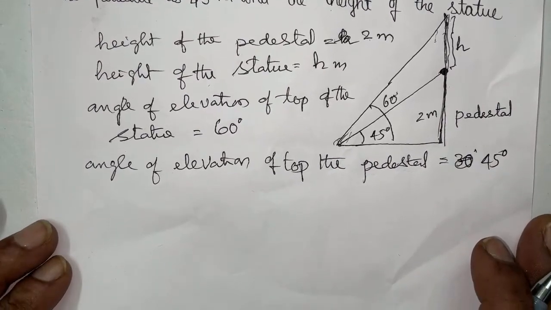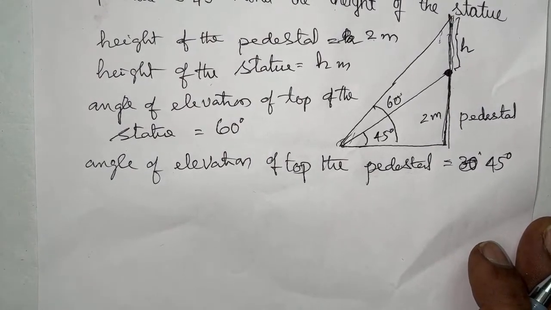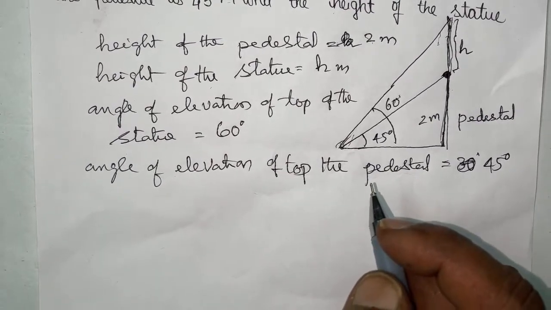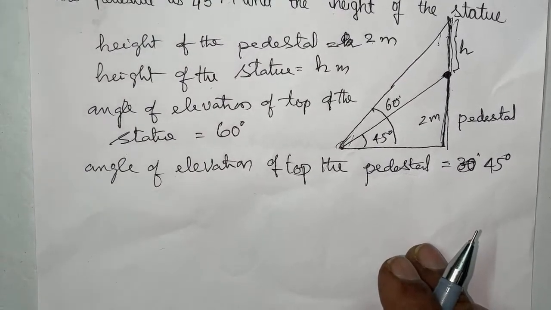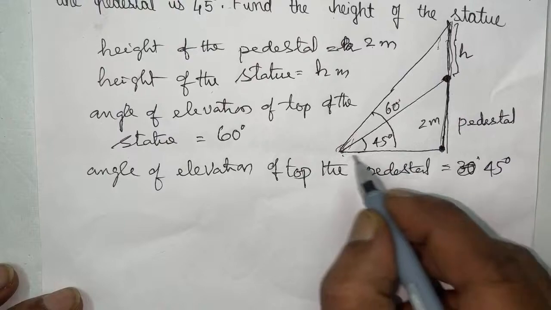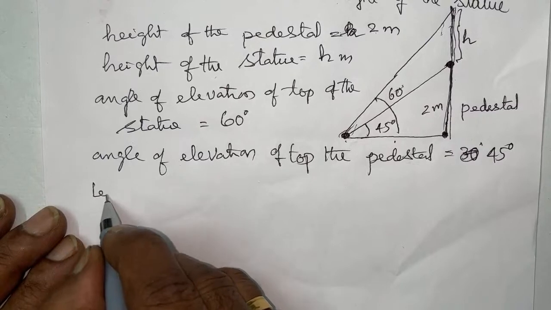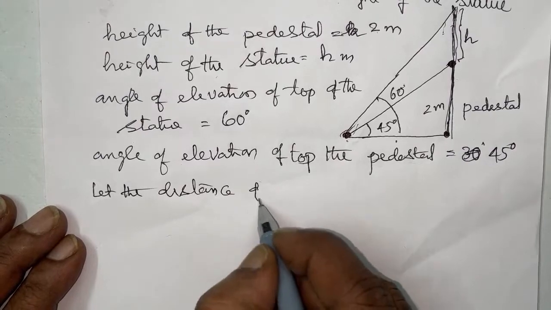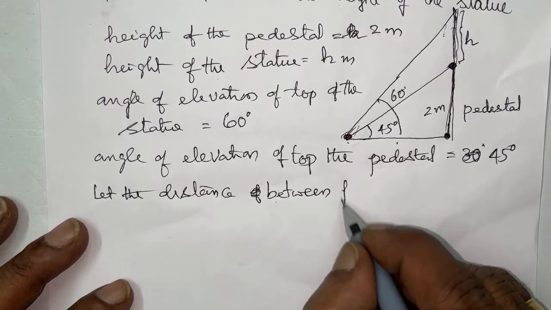Now, let the distance between the point of observation and the foot of the pedestal be x meters.